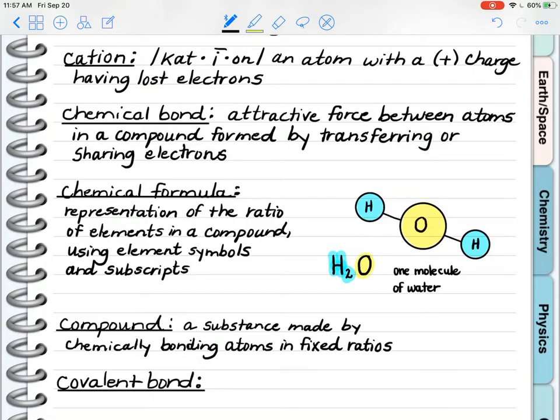So the chemical formula is the representation, the picture of the ratio, the recipe of elements in this compound, hydrogen and oxygen, using the symbols, the H and the O, and the subscript. A subscript is that little tiny number down there that tells you how much to use. You use 2 hydrogens and 1 oxygen. To make drinkable water, this is the formula that you have to follow. It is a fixed ratio. It's a fixed recipe that we have to follow.